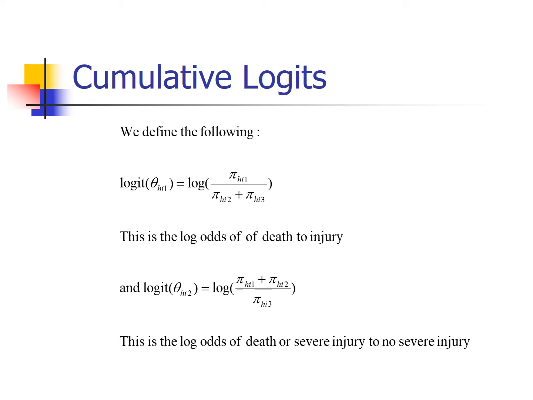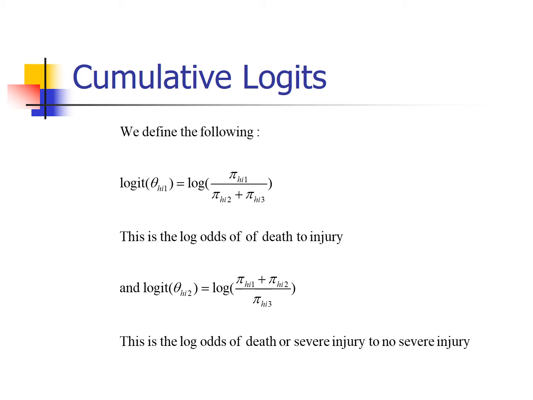Conceptually, this is the log odds of death, outcome 1, to injury, because outcome 2 is severe injury, and outcome 3 is no severe injury, so a mild injury. So it's death to some type of injury, either severe or mild.